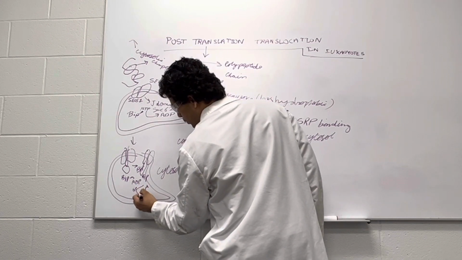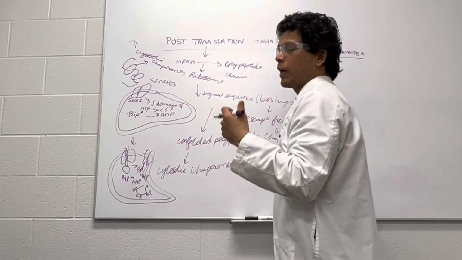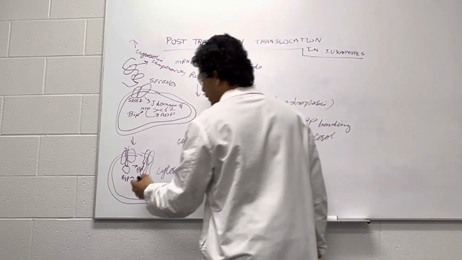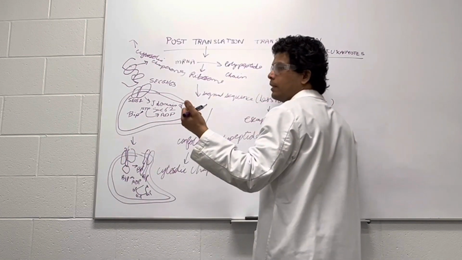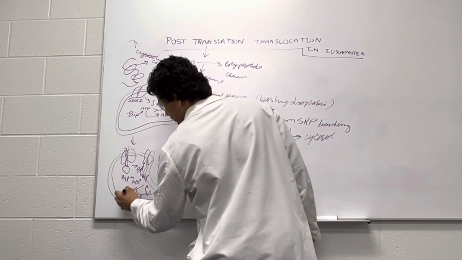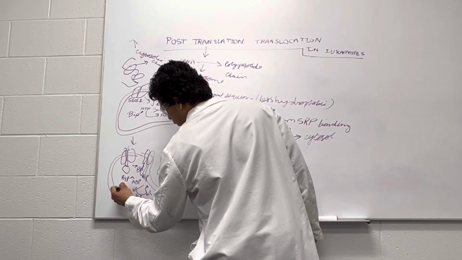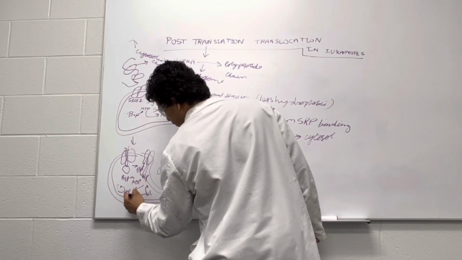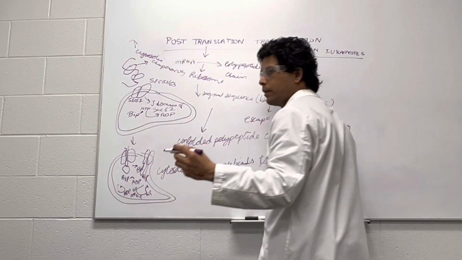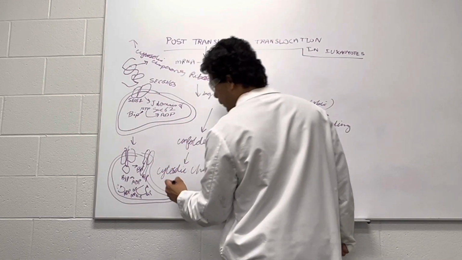At this moment, BIP is also attached to the unfolded polypeptide chain. At this point, the ADP is again converted to ATP, and this causes the release of BIP from the unfolded polypeptide chain.